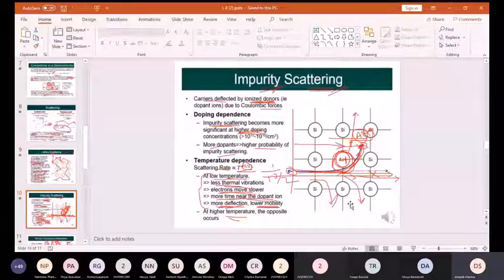And we had a few phenomena like lower temperature, what will happen? There will be less thermal vibration, electrons will move slower, and finally the mobility will be lower at the lower temperature, right? And the opposite happens the other way.